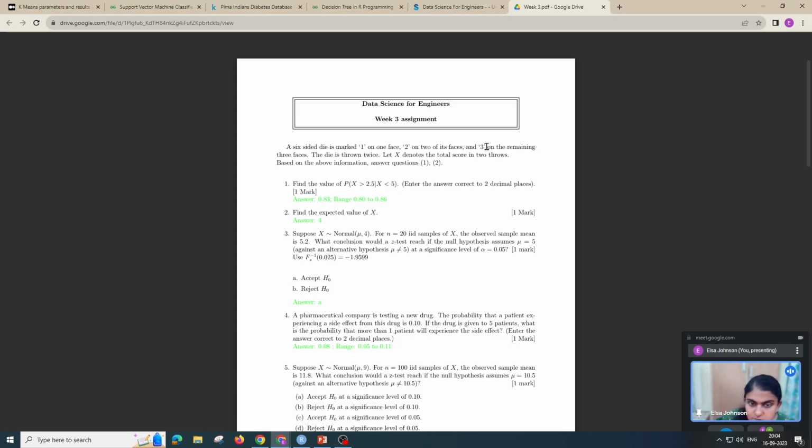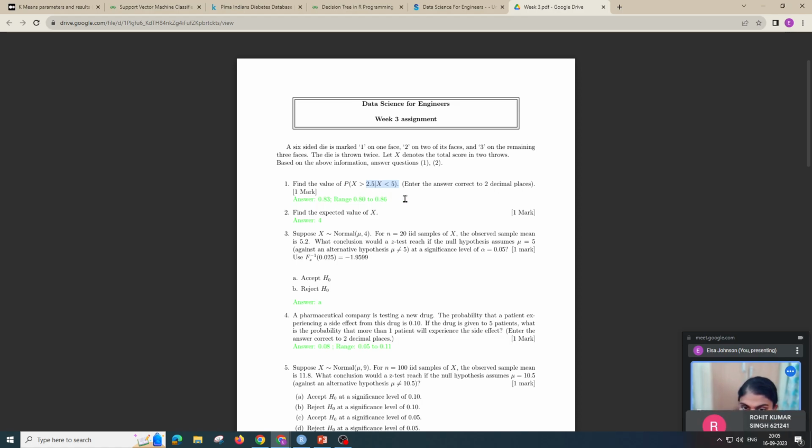Then you have two throws, so you have to find all the different permutations of these two throws, like 1 1, 2 1, and so on. In all these, you take the x value less than 5 first, find that probability, and then, given that, see whether it is greater than 2.5.